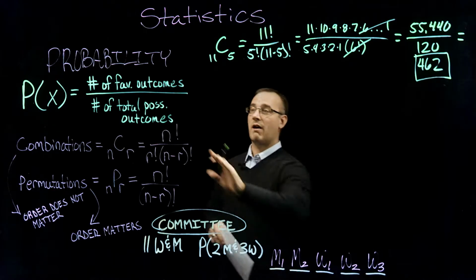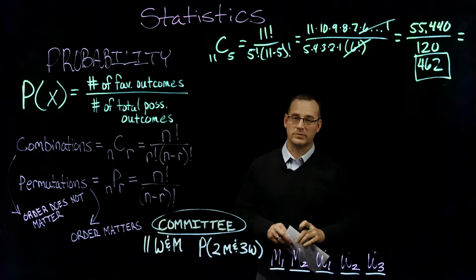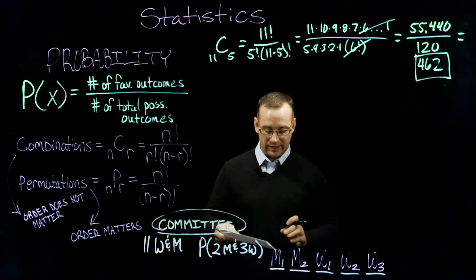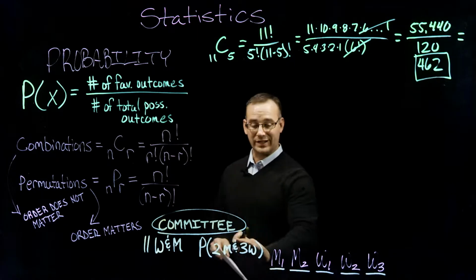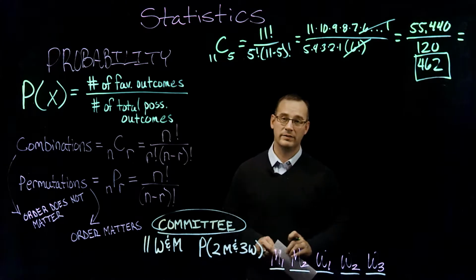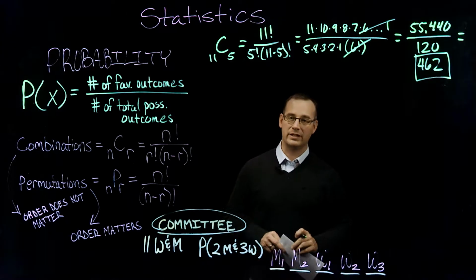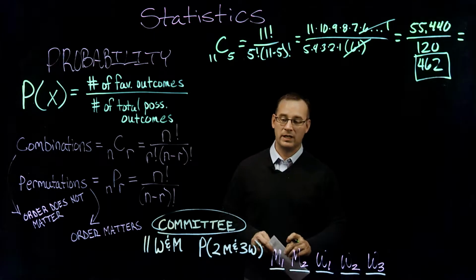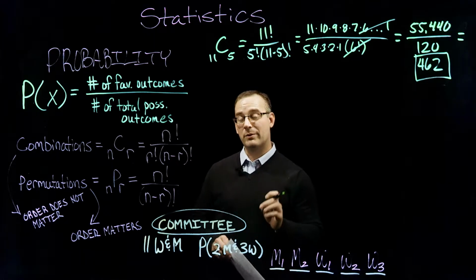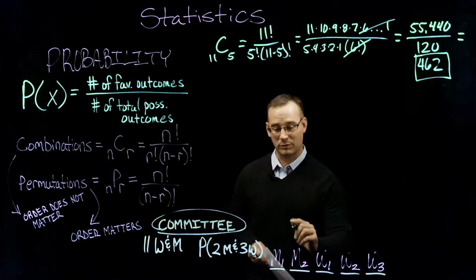So now let's figure out the number of favorable outcomes. In essence, we need to calculate 2 combinations here because we need a committee of exactly 2 men and exactly 3 women. Let's calculate each of these separately. How many men do we have? Remember, we have 5 men and 6 women.